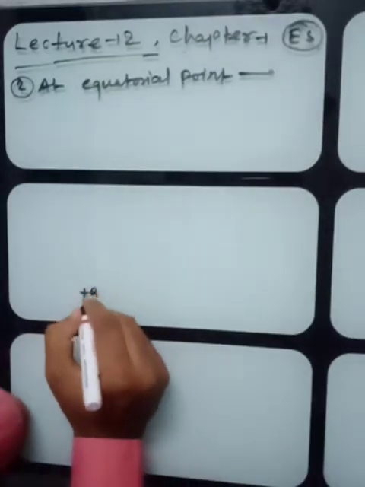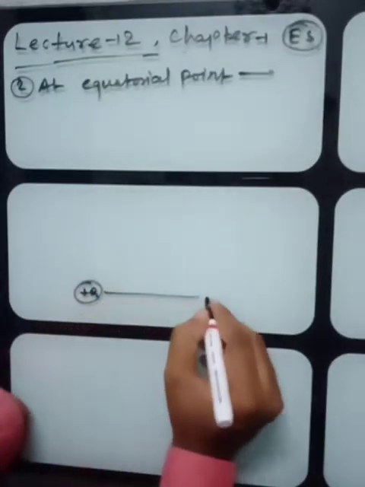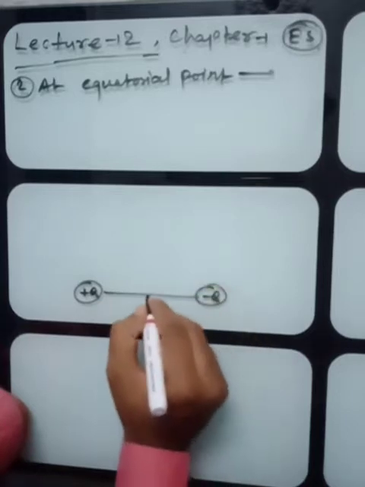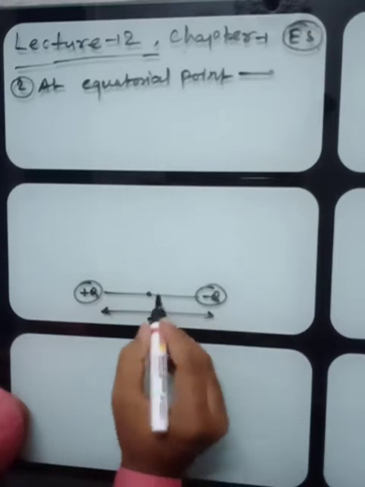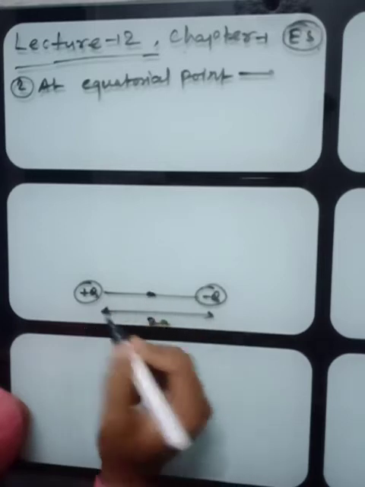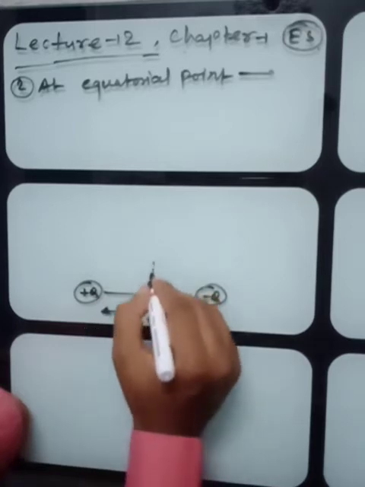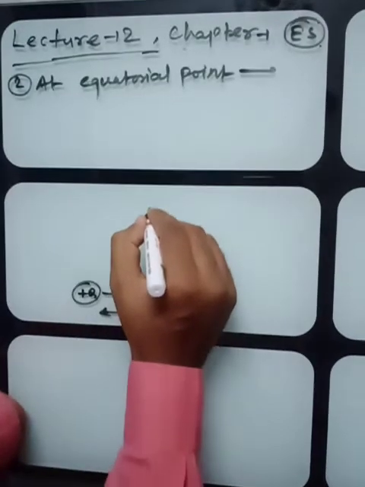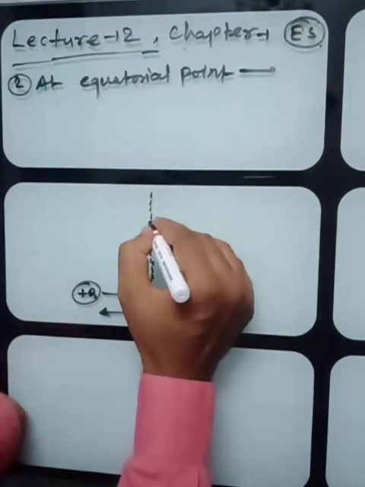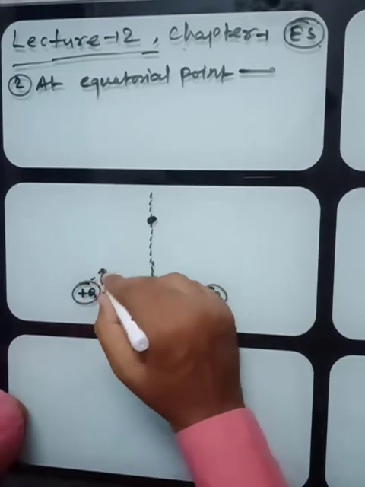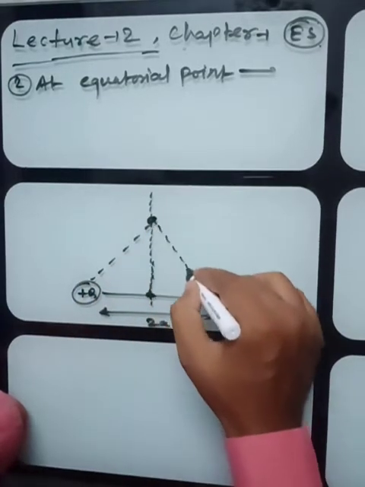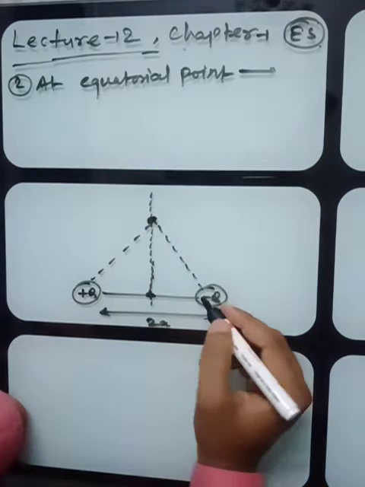Here the plus q charge and minus q charge are separated by 2a, that is, from the center it is a on each side, and this is the axial line. At this point we are going to find the net electric field. From this positive charge and this negative charge, we can draw the distances.